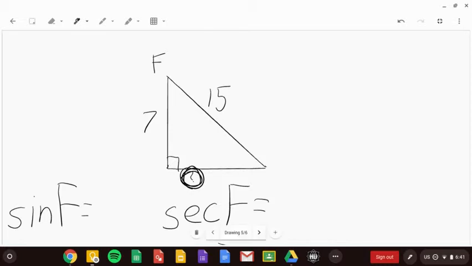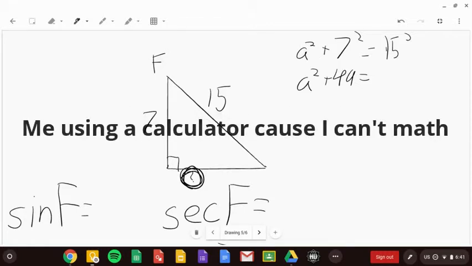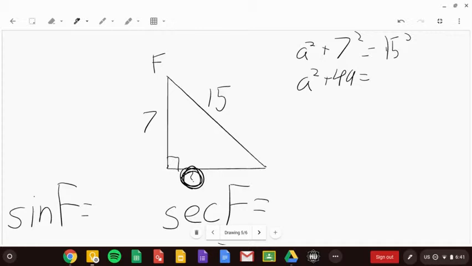So a squared plus 7 squared equals 15 squared, which is a squared plus 49 equals 225.